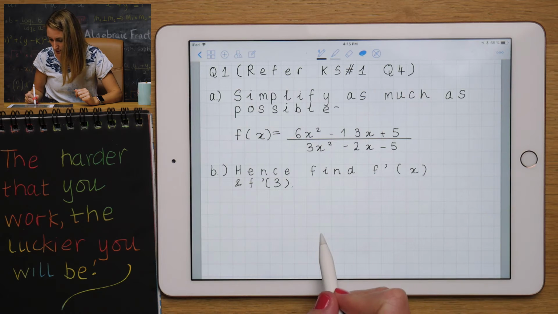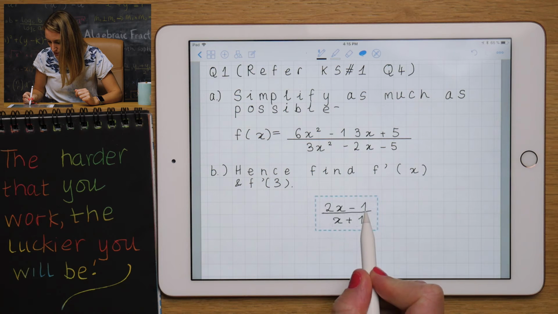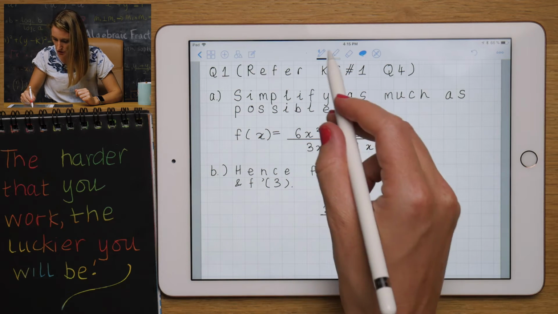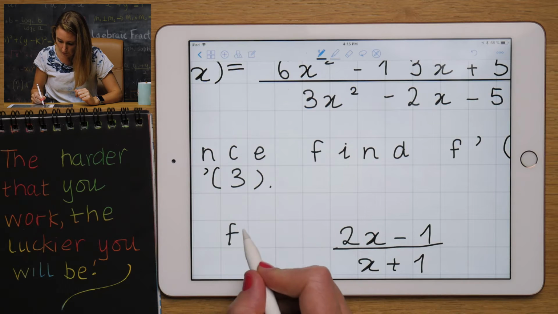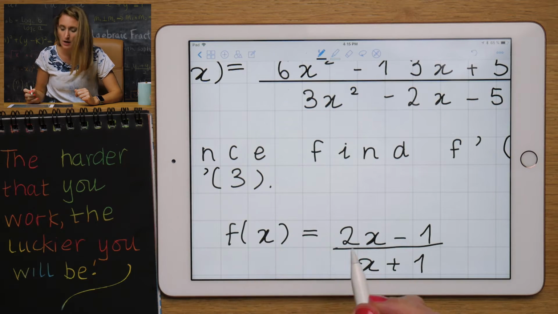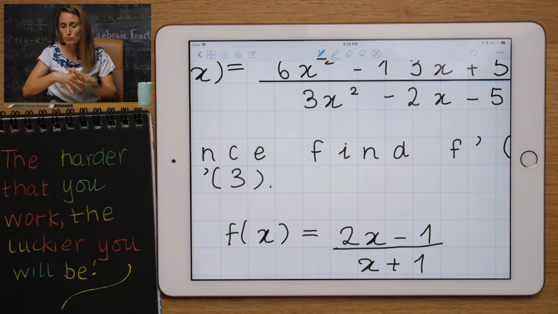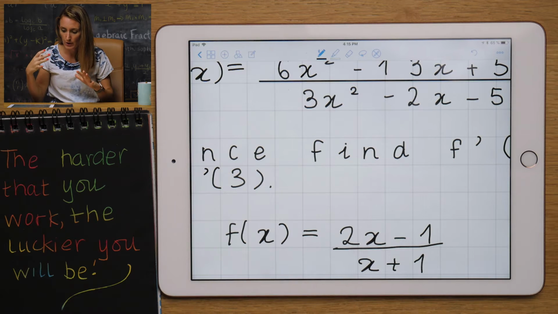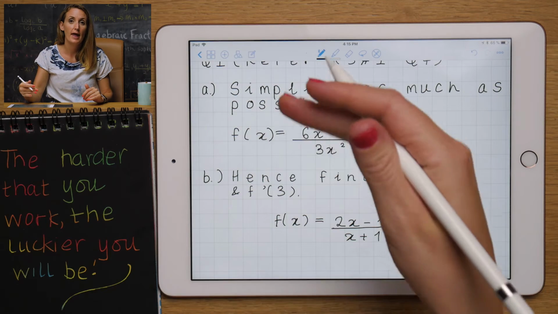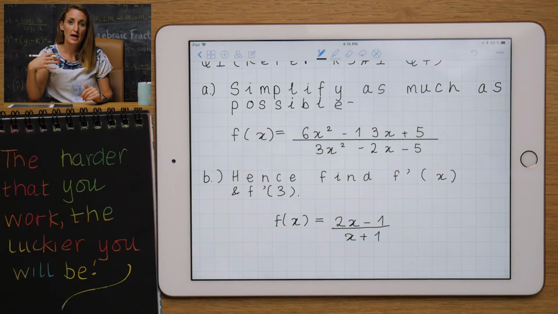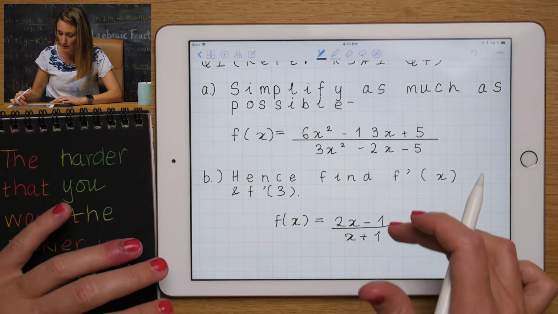When you start the differentiation, you want to use the simplified version. If you don't, it will still work, you'll still get the right answer, but you're going to waste a lot of time and energy and have really big equations. They tell you in part A to do the simplification to help you. So don't ignore that when you get to the B or the C part of the question.